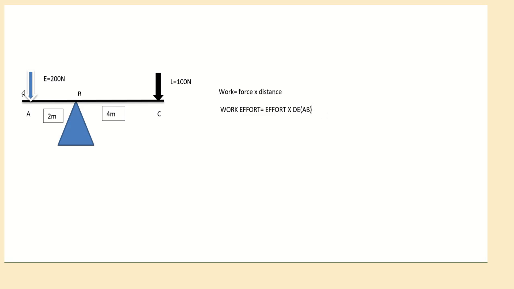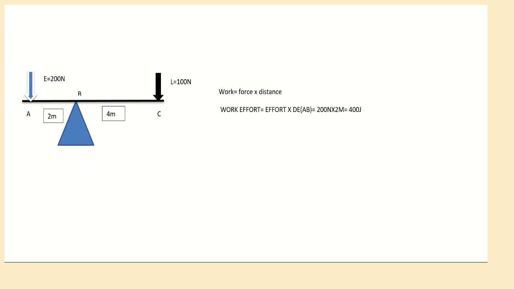Now, if you use that diagram, you'll see that the calculation will be 200 newtons times 2 meters, which gives you 400. And you cannot leave that answer like that, because work has a unit, which is joules.